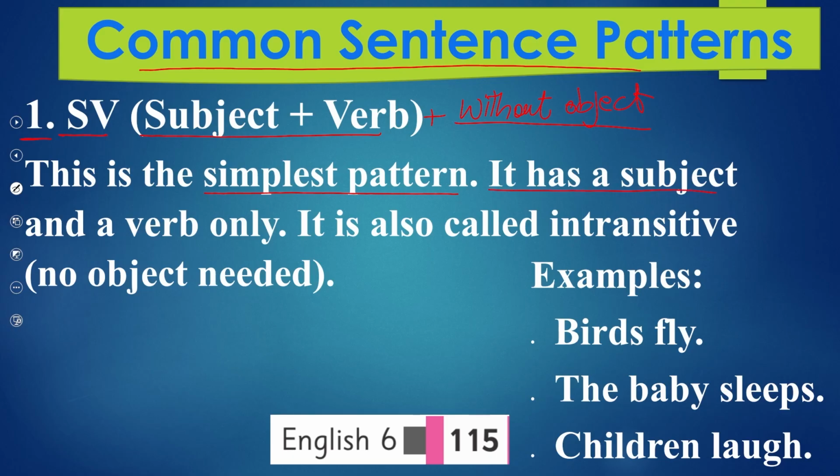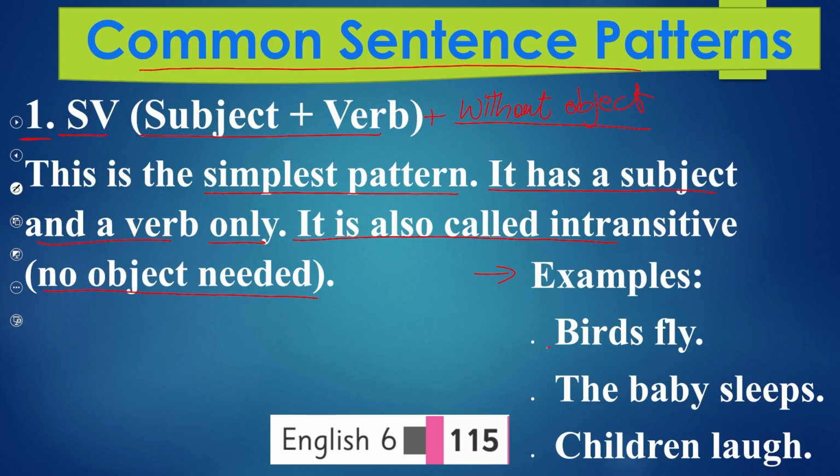It has a subject and a verb only. It means it does not have any object or complement. It is also called intransitive, no object needed, intransitive sentence pattern.